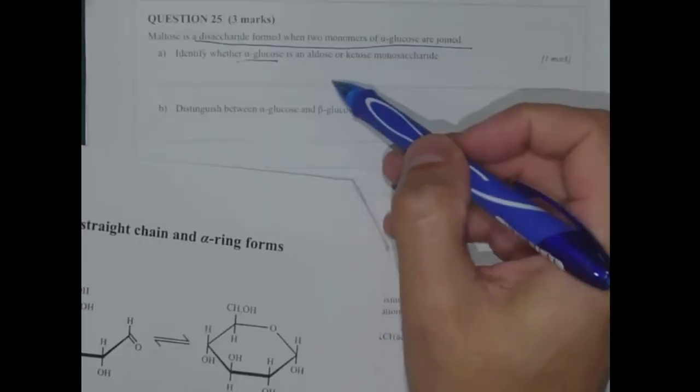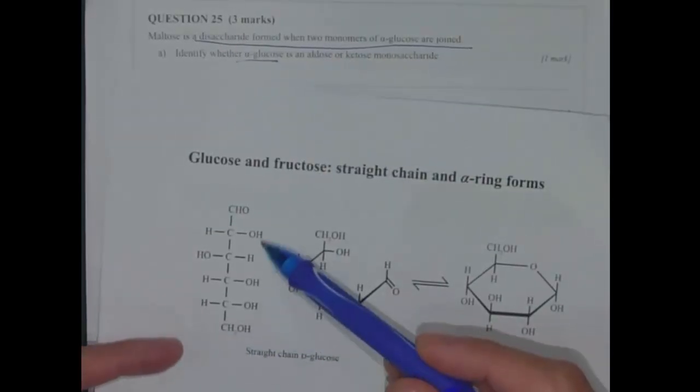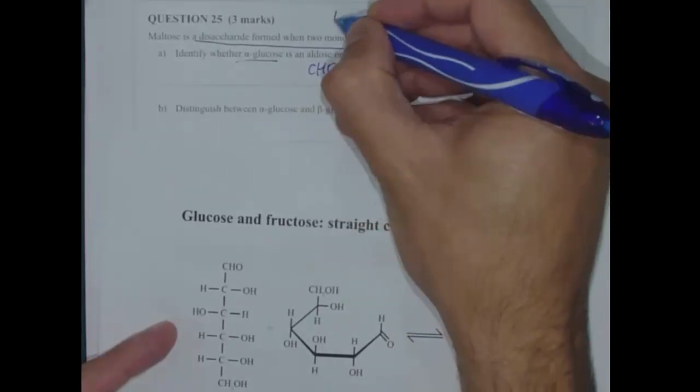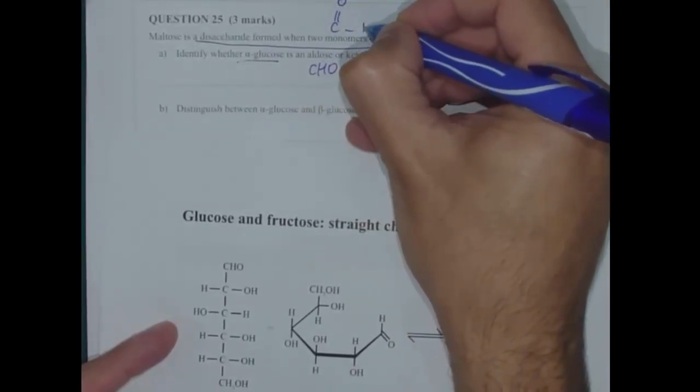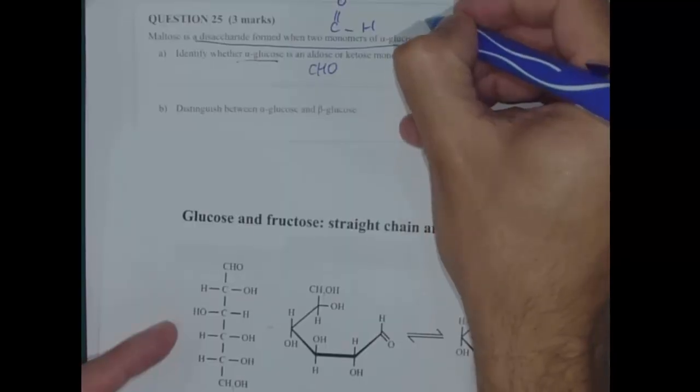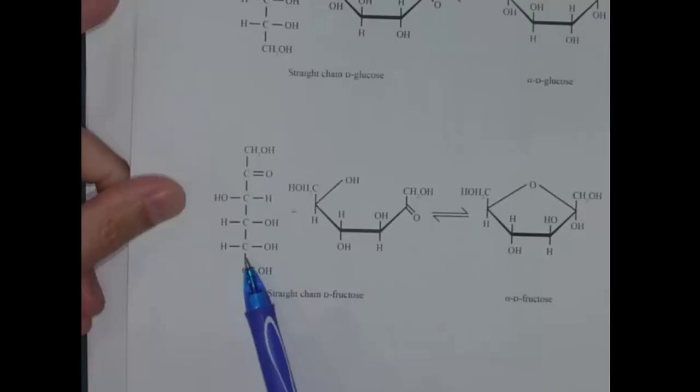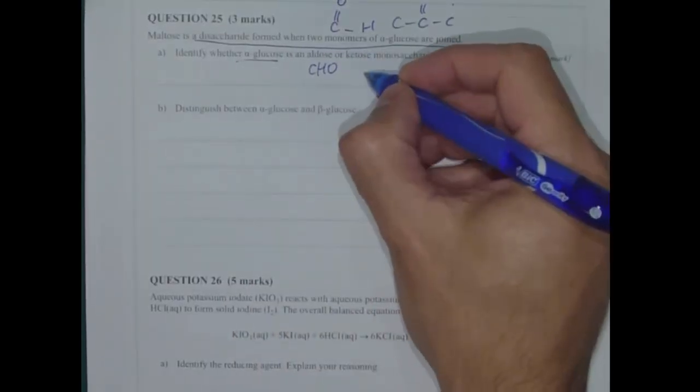So there's the alpha glucose, and it is an aldehyde. It's a CHO, not a ketone, which is the fructose. Identify, it's an alpha glucose.